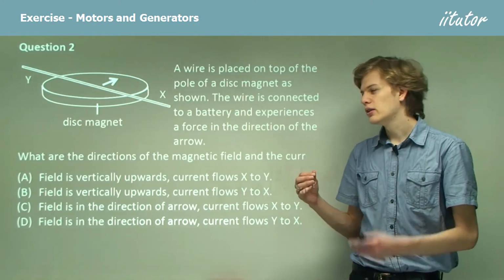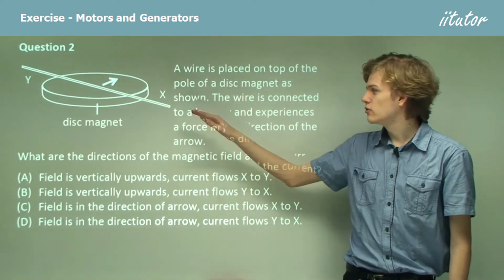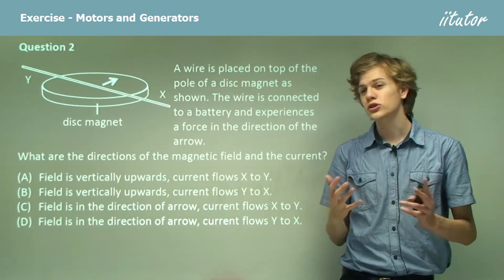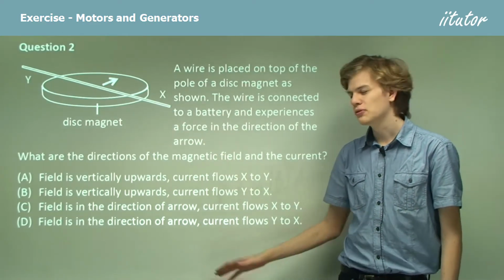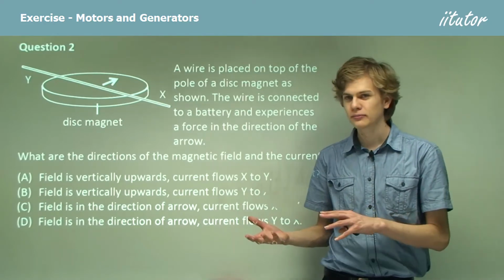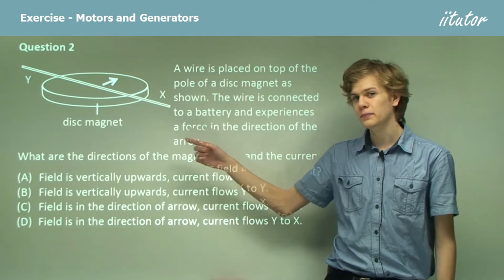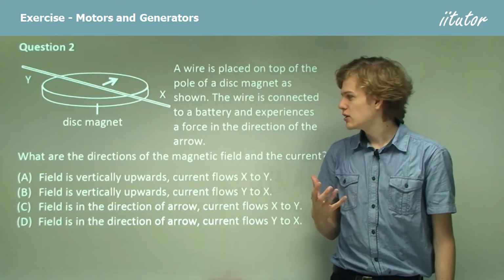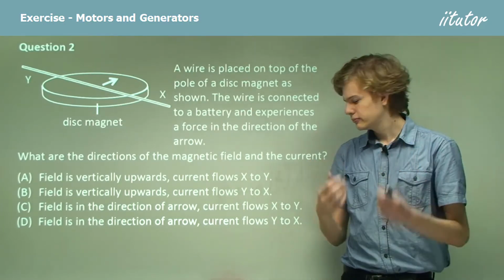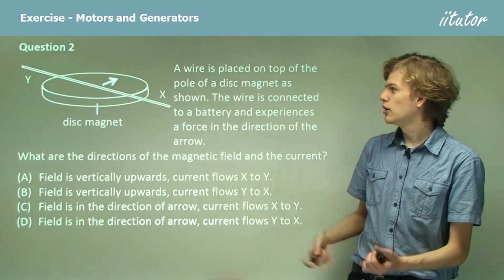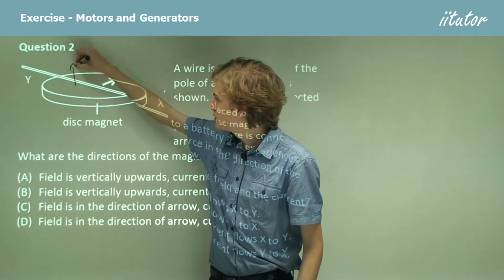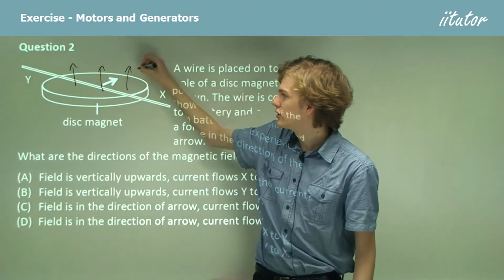Now, because we know that the face of the magnet, that is, the top, is either the north pole or the south pole, we know that we can't have the field going across it in the direction of the arrow, right? So our only option is that the field is vertically upwards. So we might draw something like this coming out of the top of the magnet.